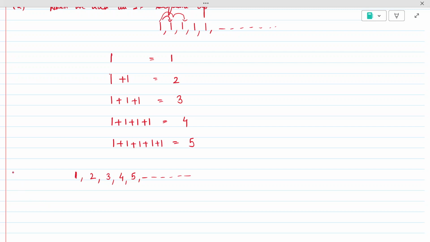So when we added all ones up, we got the counting number sequence, which we also call the natural number sequence. If you extend it further, we can get bigger numbers here. Okay. So I hope this is clear.